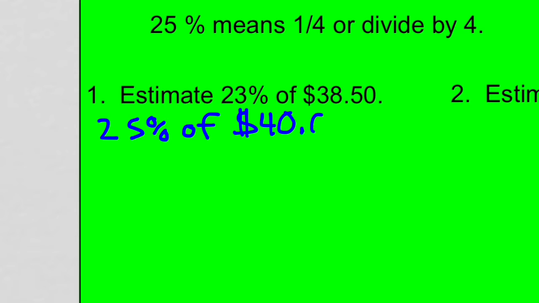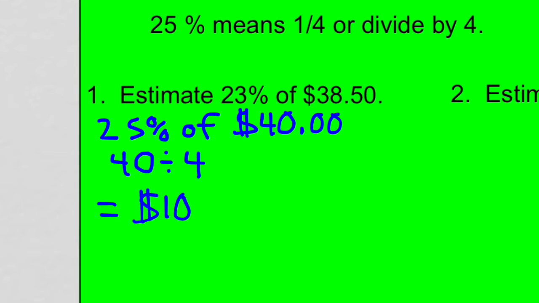Because 25% means to divide by 4, so your second number, the amount you're rounding off, should be something that's easily divisible by 4. So working down the page, that's 40 divided by 4, and that is equal to $10.